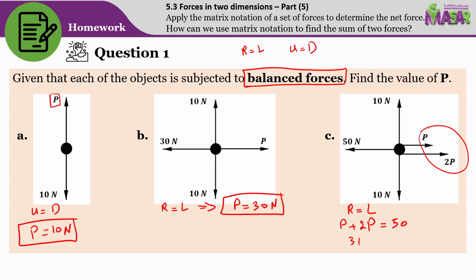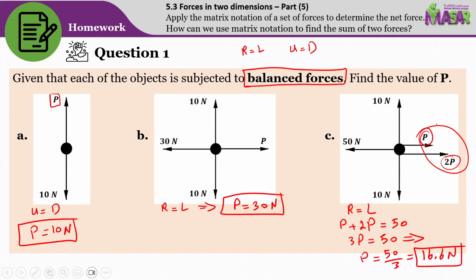We're gonna use the isolation method to solve it. So let's divide both sides by 3, and we will get the magnitude of this force. The magnitude of P is 16.6. Remember that here we have a 3P: 2P for the first force and 1P for the second force, but the value of P itself is equal to 16.6.